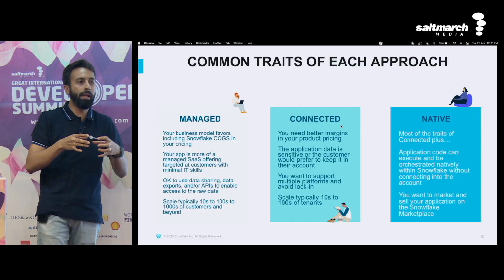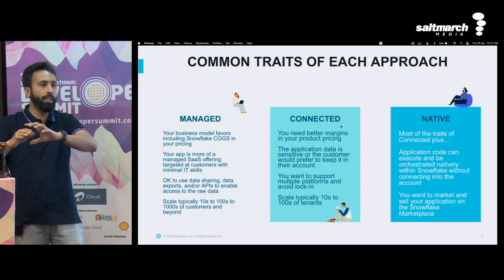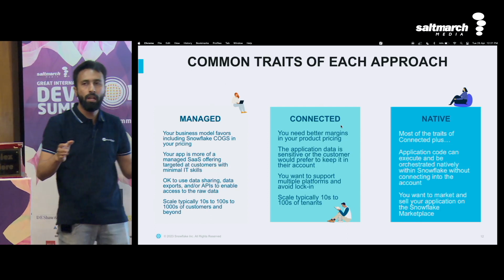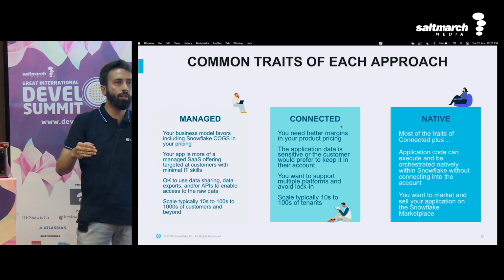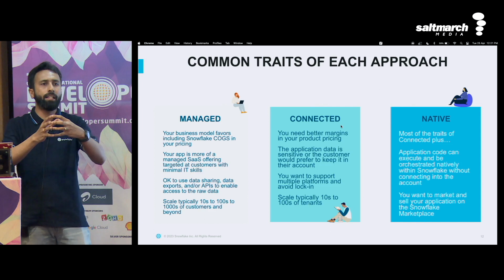We want to start with managed, but we want to be able to be flexible enough to go from managed to connected without having to change a lot of dependencies, without having to change a lot of code that we have written, and it stays flexible.